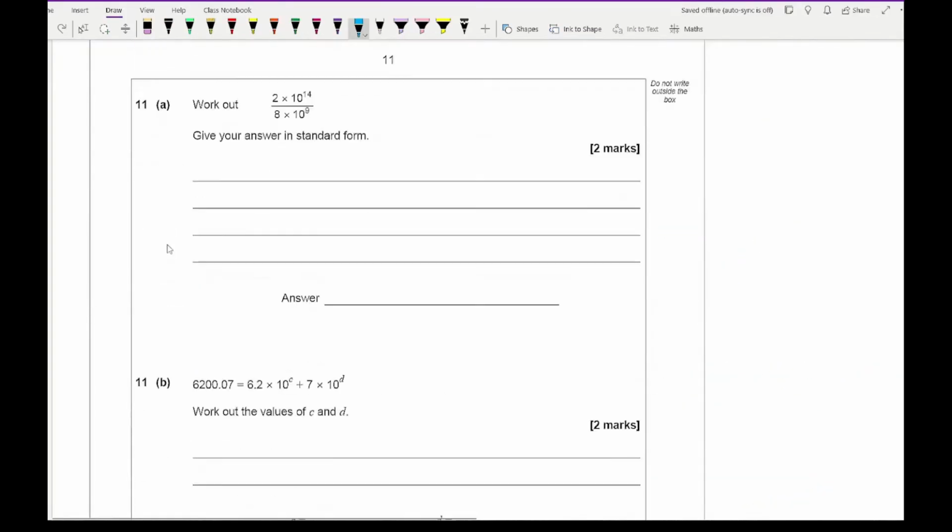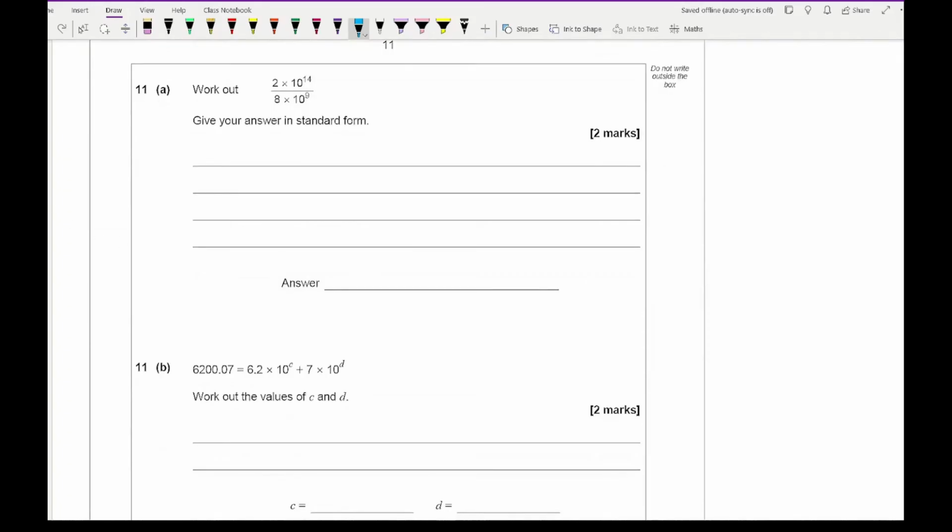So moving on to question 11, which moves on to standard form. And again, this is a non-calculator question. So what I need to do first is I need to split this fraction up. So what I'm working out is 2 over 8 times 10 to the 14 over 10 to the 9. Now 2 over 8 is going to be a quarter, which is 0.25.